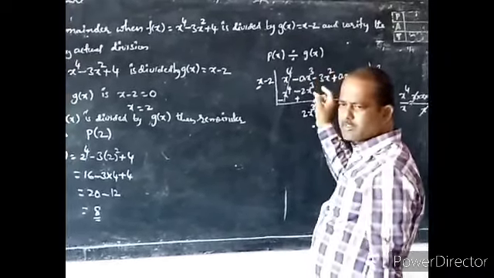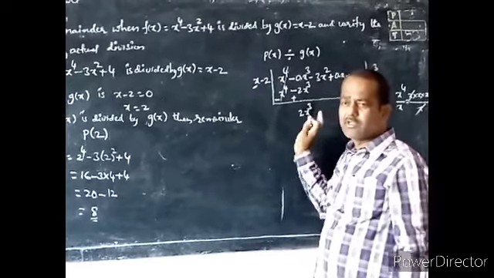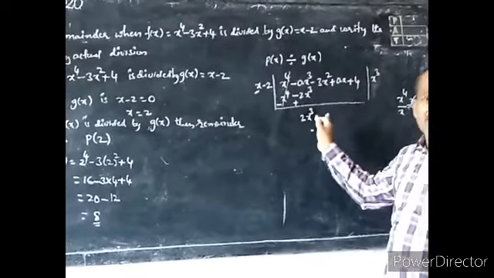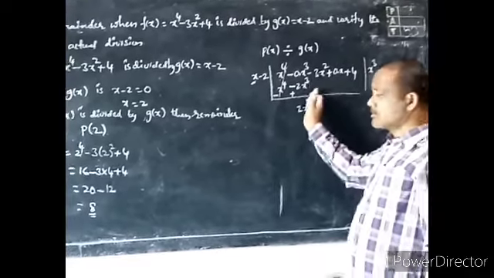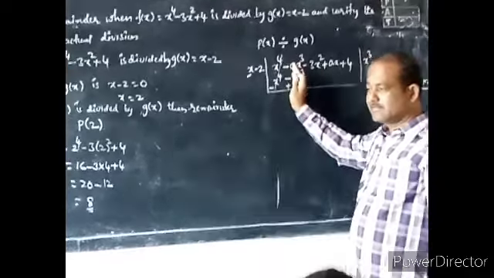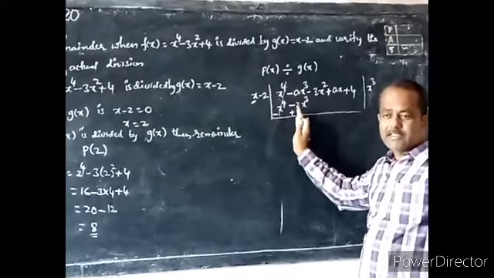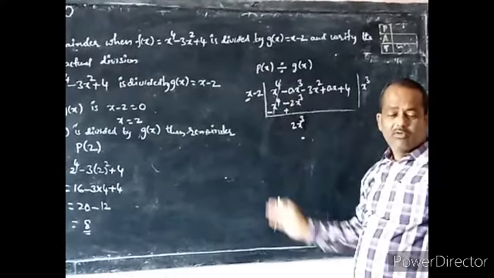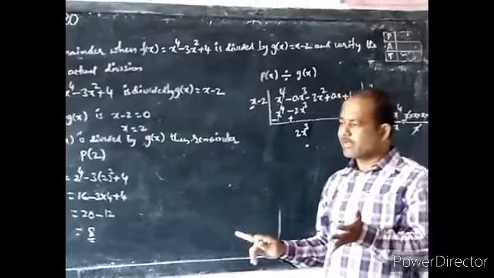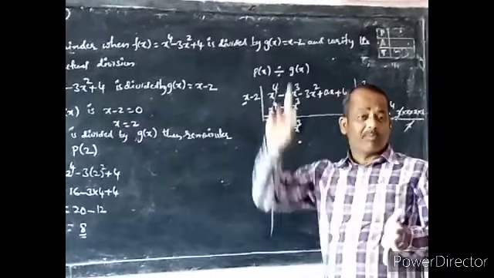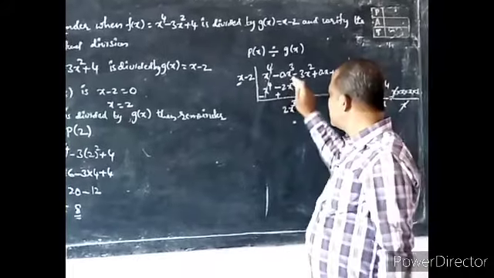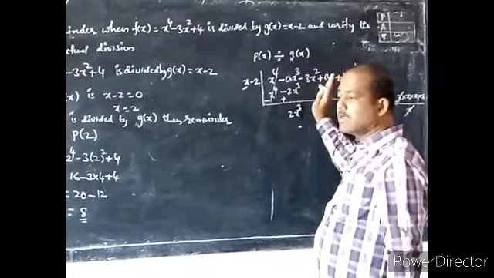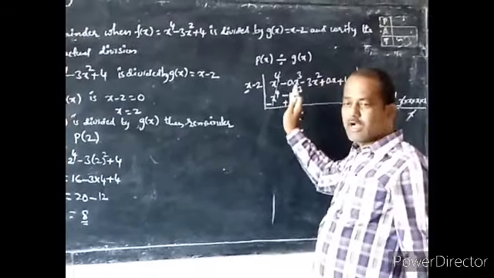Don't write x cube plus x cube as x power 6. That's wrong. Before the x cube, what coefficients are there? Those should be added. 5 rupees plus 5 rupees is 10 rupees, not 10 rupees square. Here also x cube is a common term, so the numbers before it should be added and written.